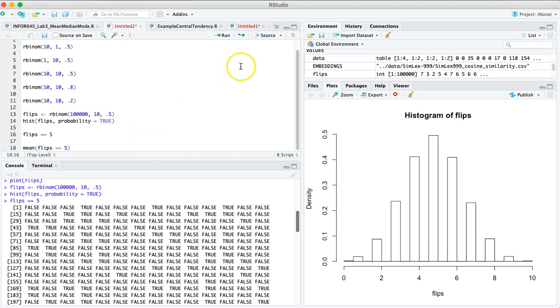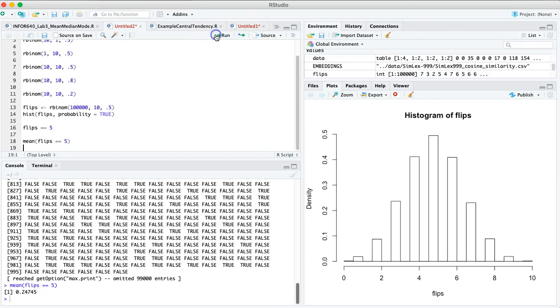We worked a little bit with means last week, and this is going to give me what average of these is actually 5. What it's calculating is false is a 0 and true is a 1. So this is going to come up as a percentage. Let's go ahead and run that, and I get 0.247.